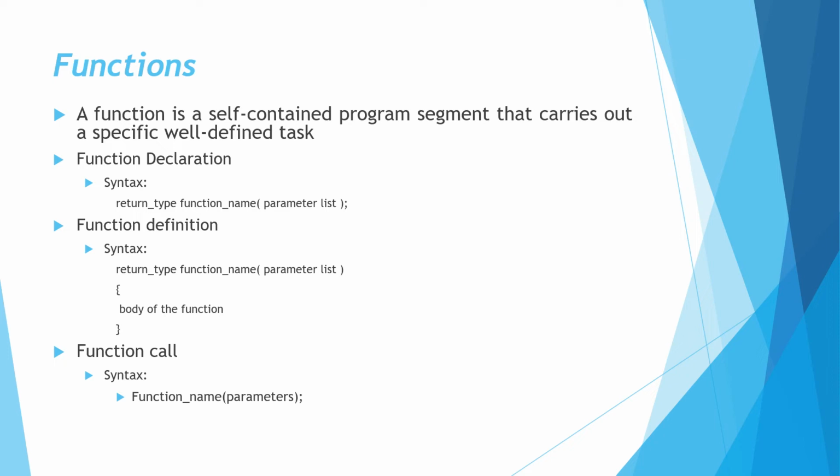In function definition, we have return type, function name, parameter list, and within the curly bracket, the actual logic or the body of the function is written. And function call, we have simply function name and the list of parameters, and this function call appears within the main program.